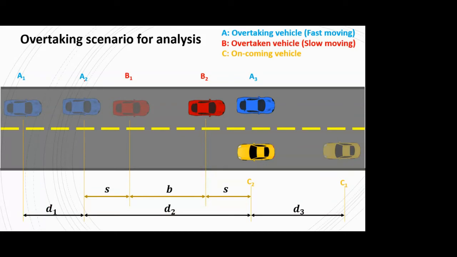The distance between A2 to A3 is marked as D2, and it is further divided into S and B. We'll be seeing what it is. And then the distance between C1 and C2 is D3.